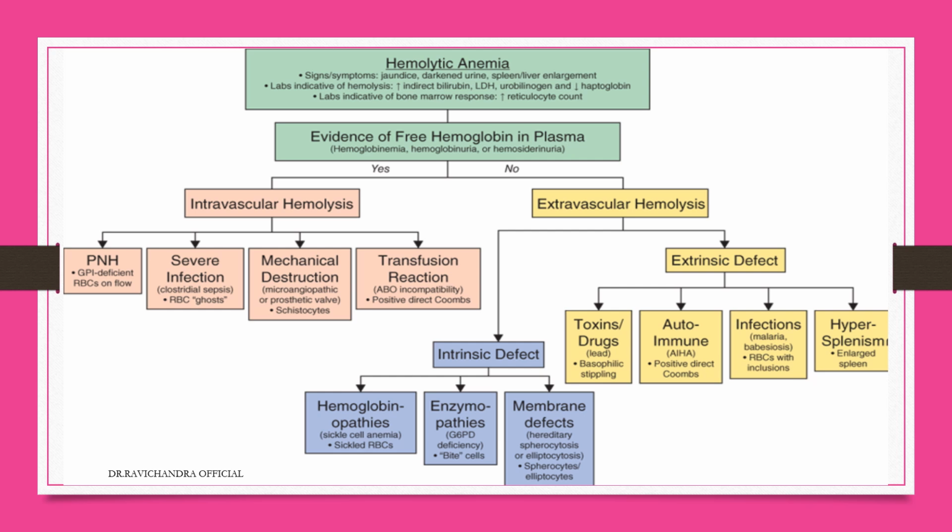Intrinsic defects will end up in hemoglobinopathies or enzymopathies or membrane defects. Extrinsic defects include toxins or drugs like lead poisoning, autoimmune hemolytic anemias, infections like malaria, babesiosis, and so on, and hypersplenism.